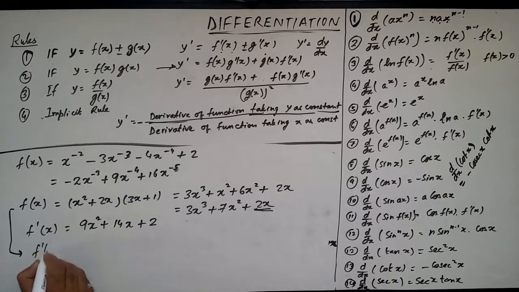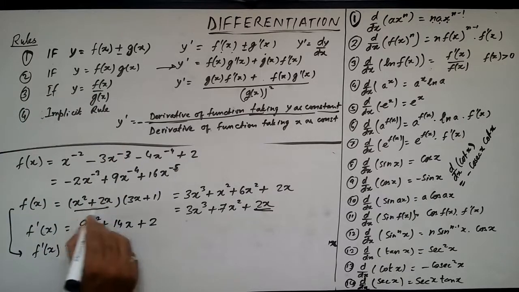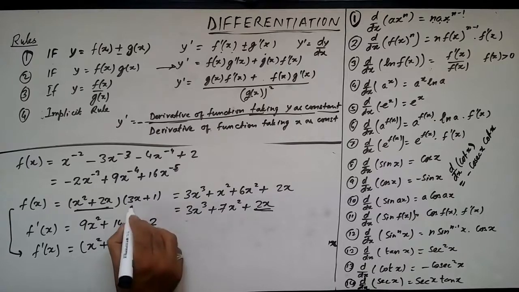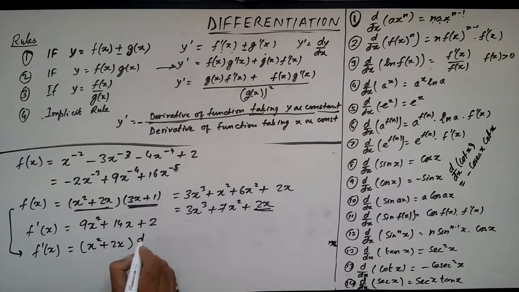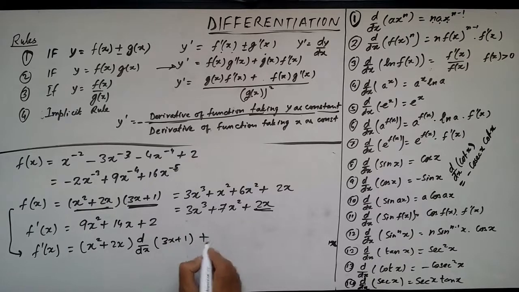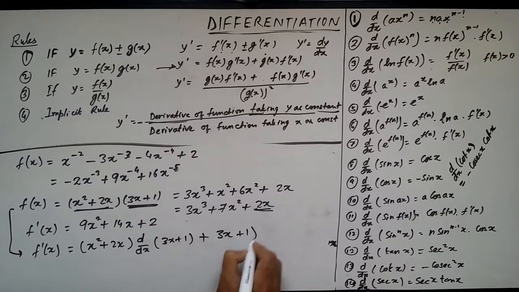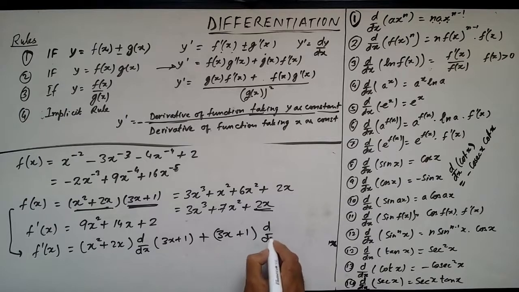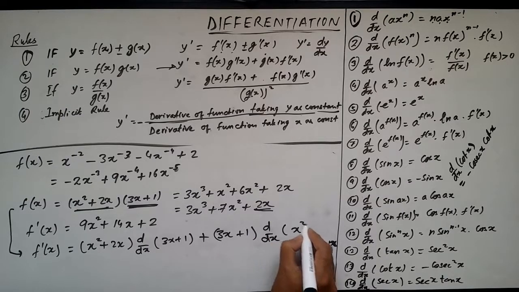So if I apply the product rule, then the first function remains as it is, x squared plus 2x, into the differential of the second one. So it is d/dx of 3x plus 1, plus 3x plus 1, the second function, into the differential of the first function.